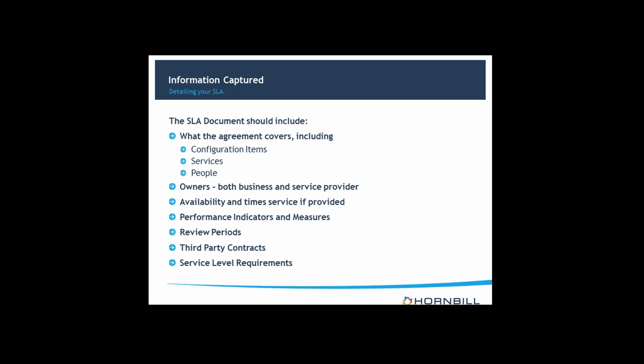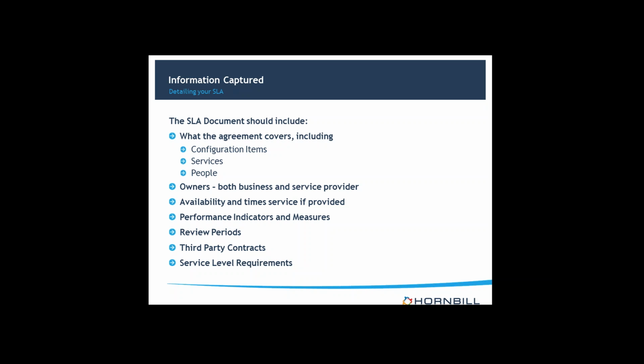And lastly, if we're looking at starting to build up a new SLA, we can capture the discussions in a service level requirement, and that SLR can then be associated to our SLA once it's been created, to view the historical requirements and the discussions that led to the SLA being built.